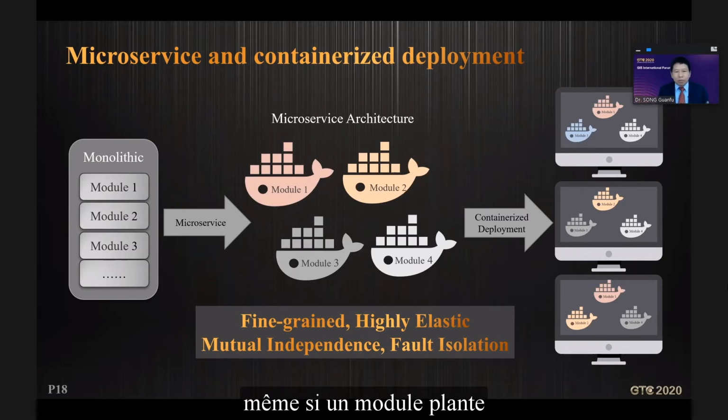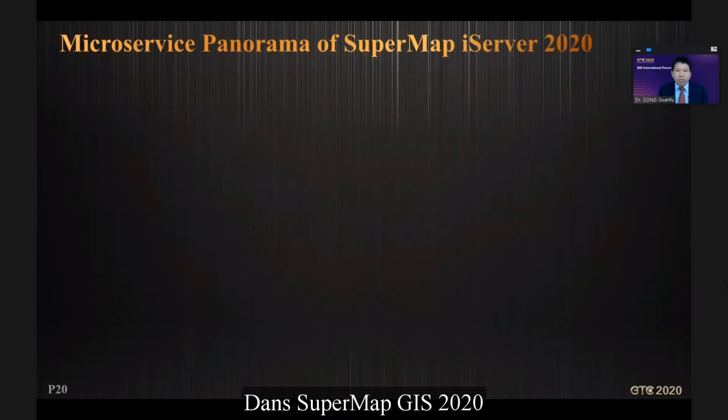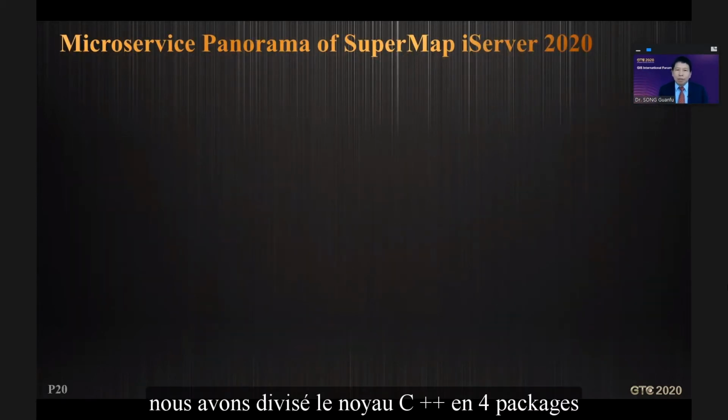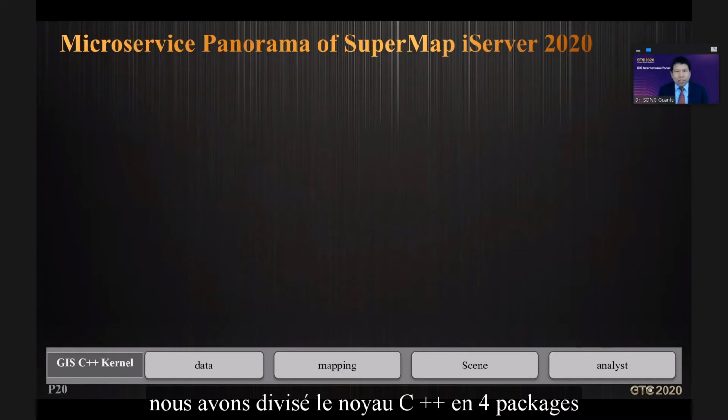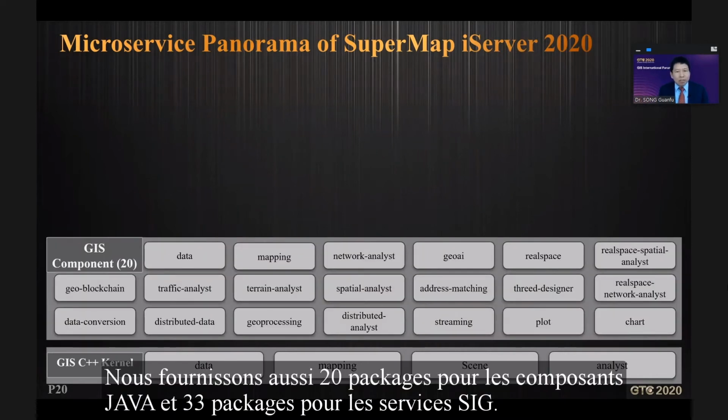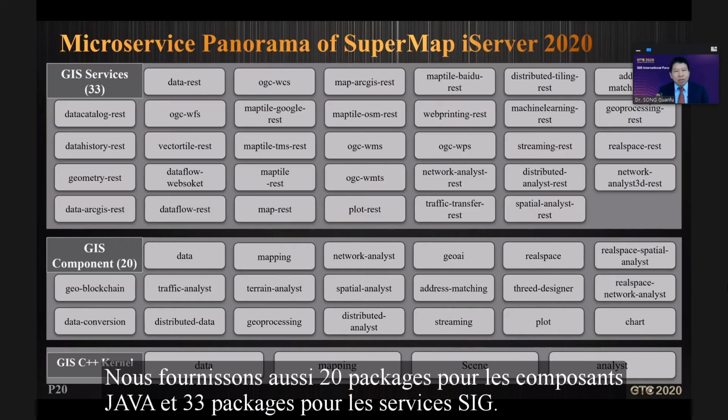Even if a module crashes, others will not be affected. In SuperMap GIS 2020, we divided the GIS C++ kernel into 4 packages. We provide 20 Java components and 33 web services.